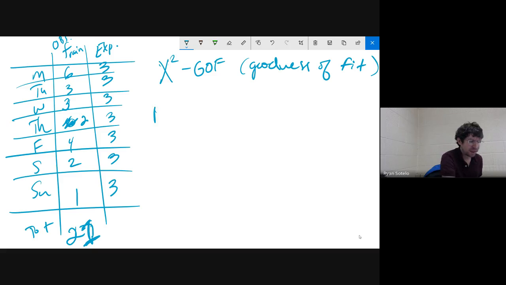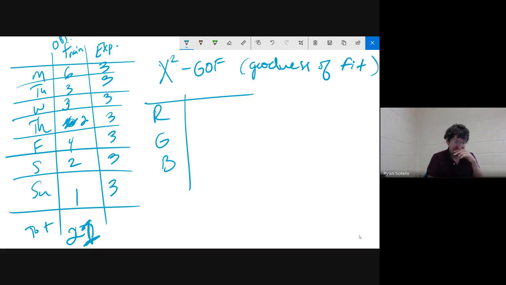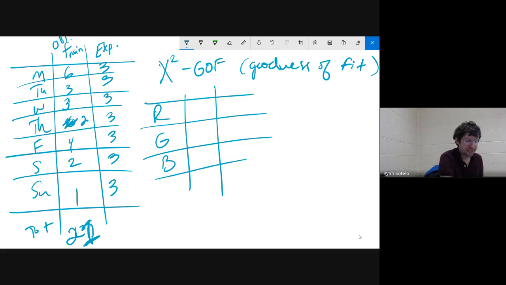Let's say there are candies with reds, greens, and blues, and let's say they claim that 50% of them are red. Let's say my data says I have 7 reds, 3 greens, and I don't know, 2 blues. So that's 12.